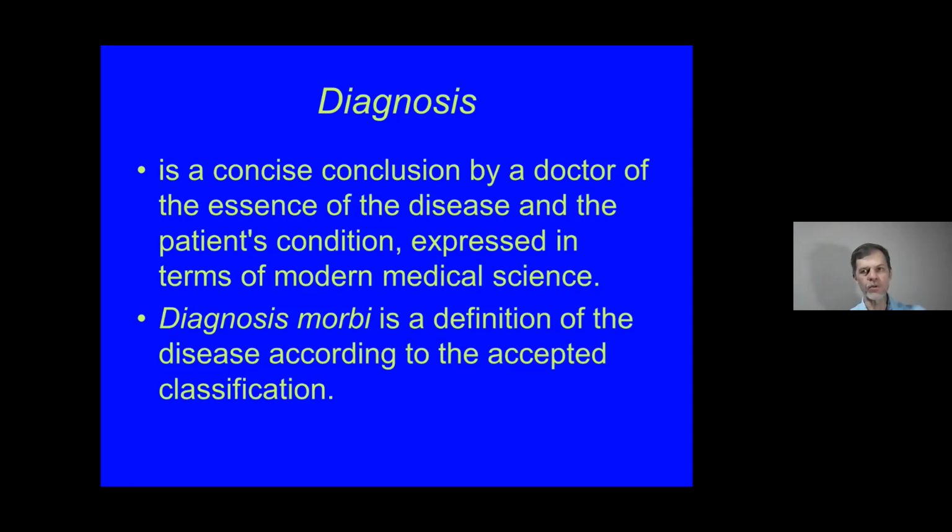This is a good approach, because in this case we know the cause of the disease. We talk about the etiological approach, the etiology of disease, the cause of disease. If we know the cause, we can prescribe treatment which can kill this virus or this germ, and the patient recovers.